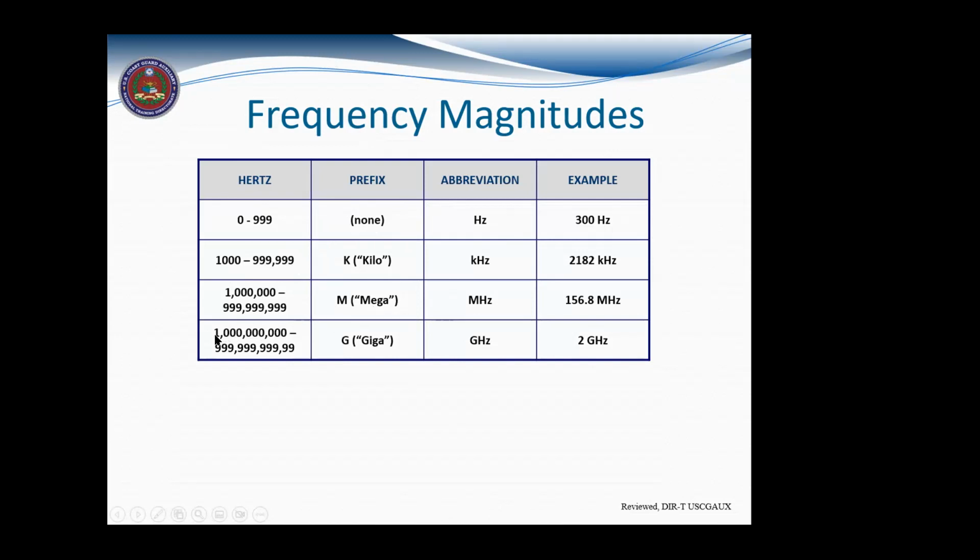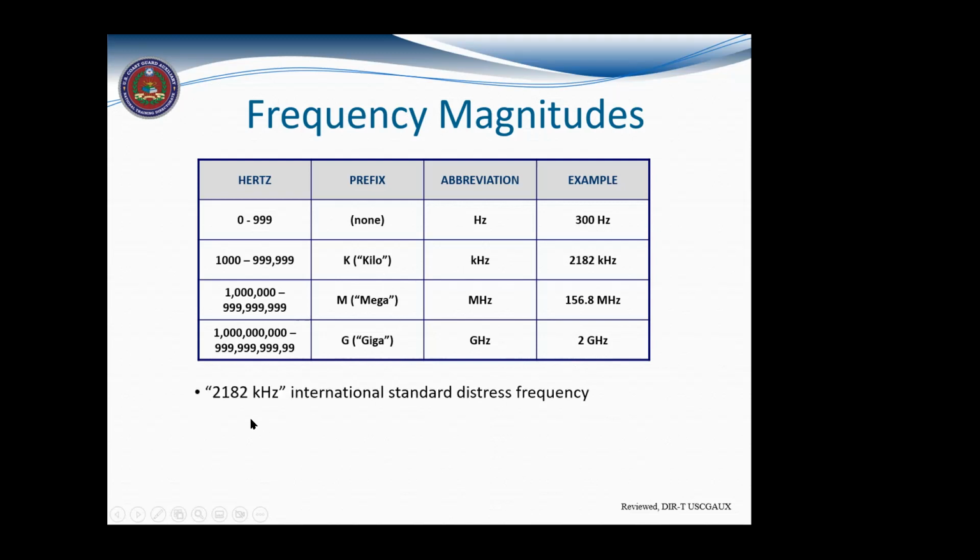And if we get up to 1,000 million, we're giga, and very seldom will we be in that range. Most of our radio frequencies will be kilohertz or megahertz.